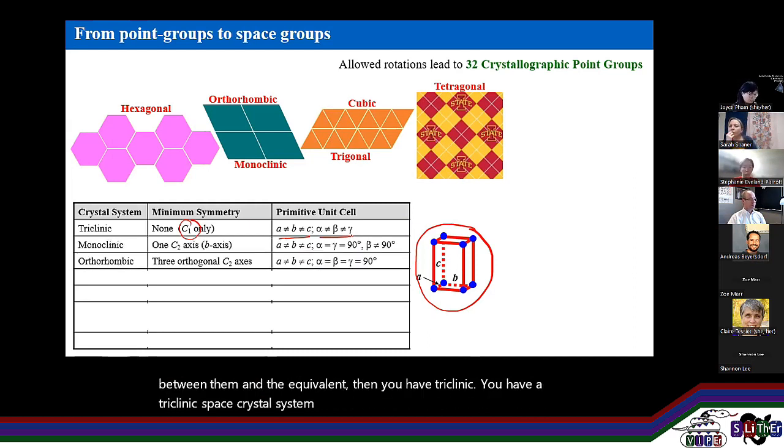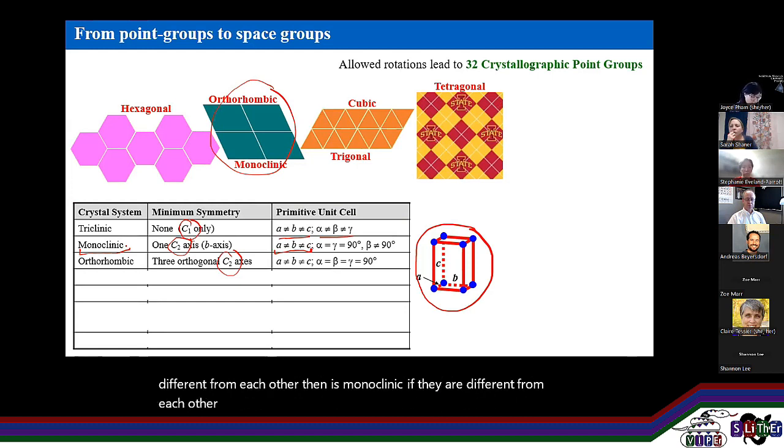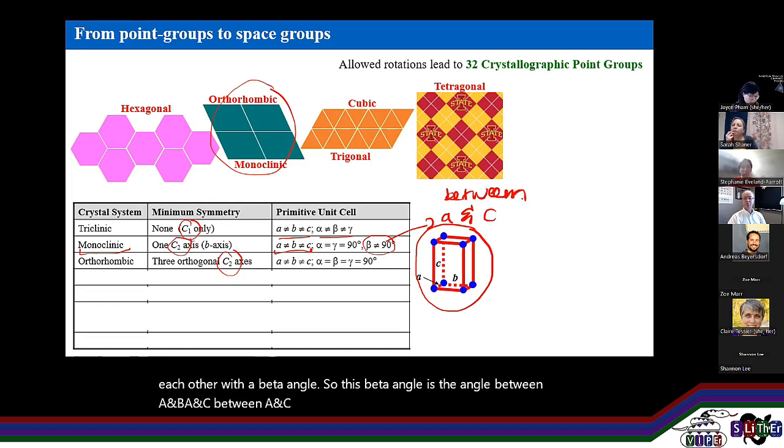If you have something that has a fundamental twofold rotational axis, so we talked about that earlier being orthorhombic or monoclinic, then if a, b, and c are different from each other, it's monoclinic if they are different with a beta angle, the angle between a and c, that is not 90 degrees.